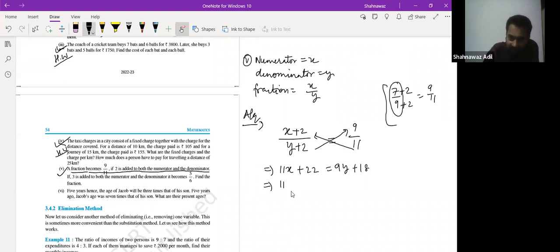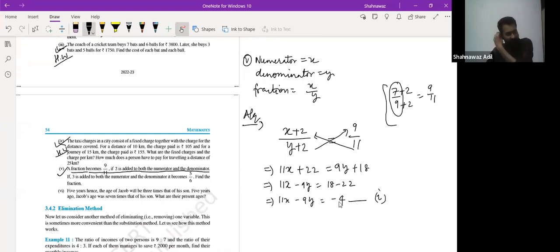So 11x minus 9y is 18 minus 22, so 11x minus 9y is minus 4. So this is the first equation. Adil, am I correct?